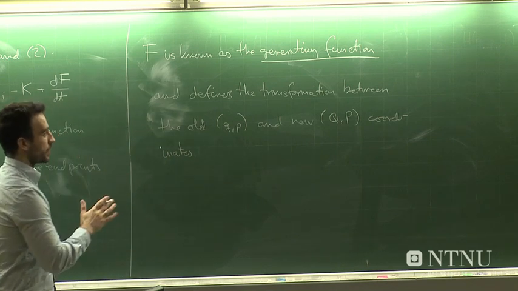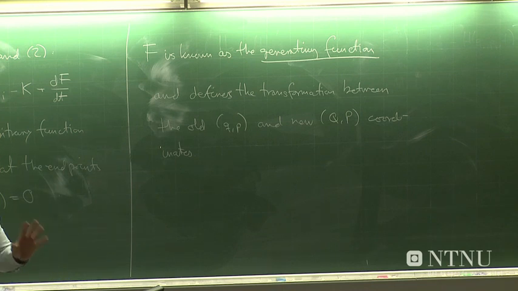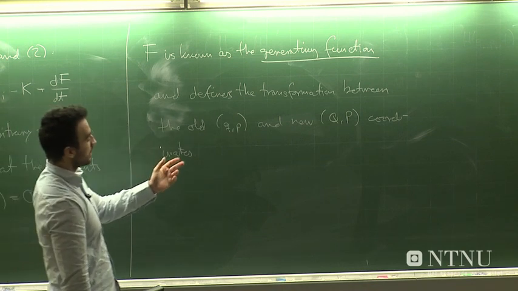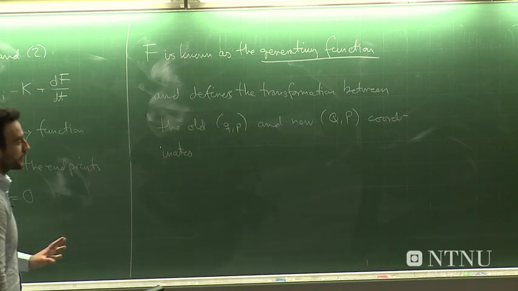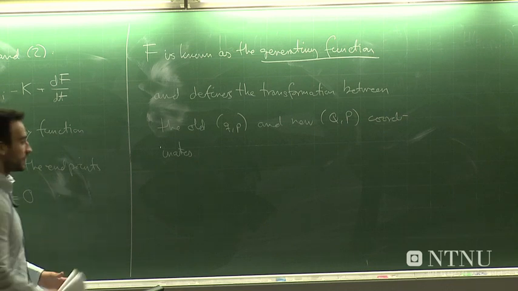So f is known as a generating function, and in fact defines the transformation between the old and the new coordinates. So we'll see exactly how this works, but let me add one more statement to this.